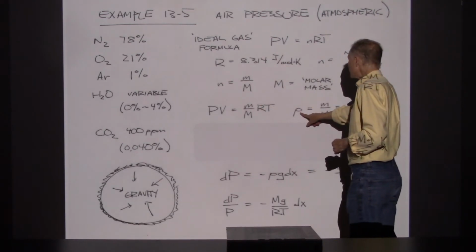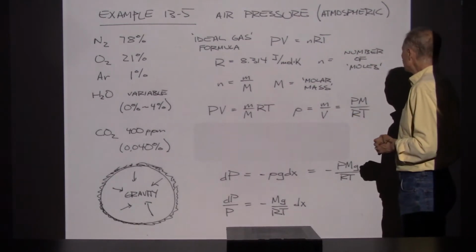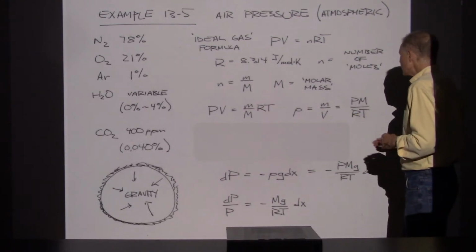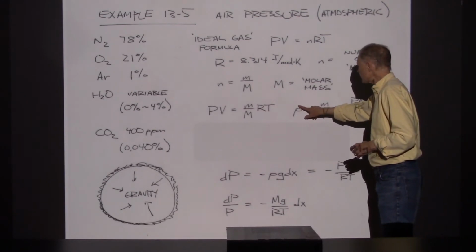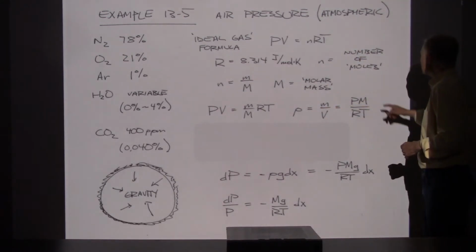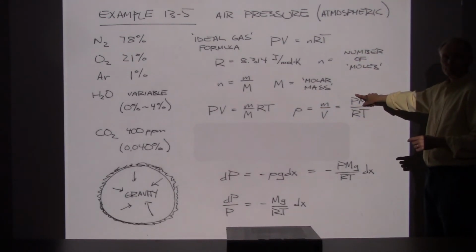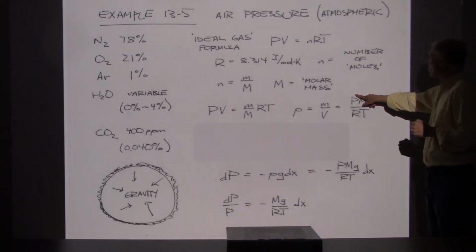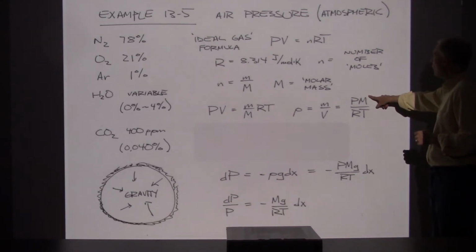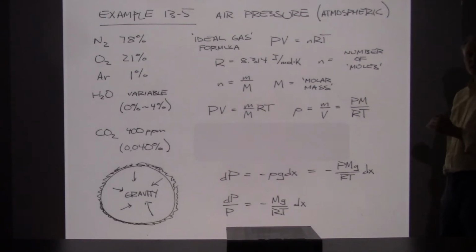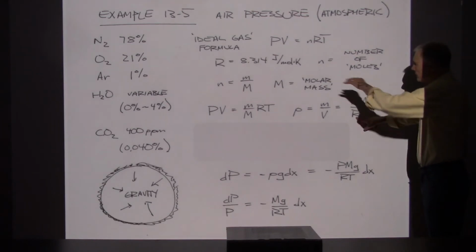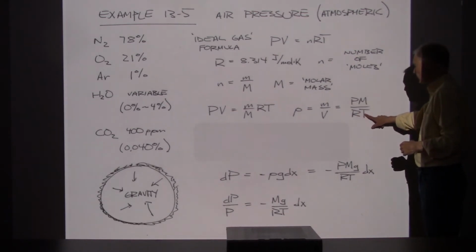And then we can actually get a formula for the density of a gas. The density of a gas is given by the local pressure, so it's directly proportional to pressure, depends on what we call the molar mass, how heavy the gas molecules are, divided by this constant that we have the value of, and the temperature.